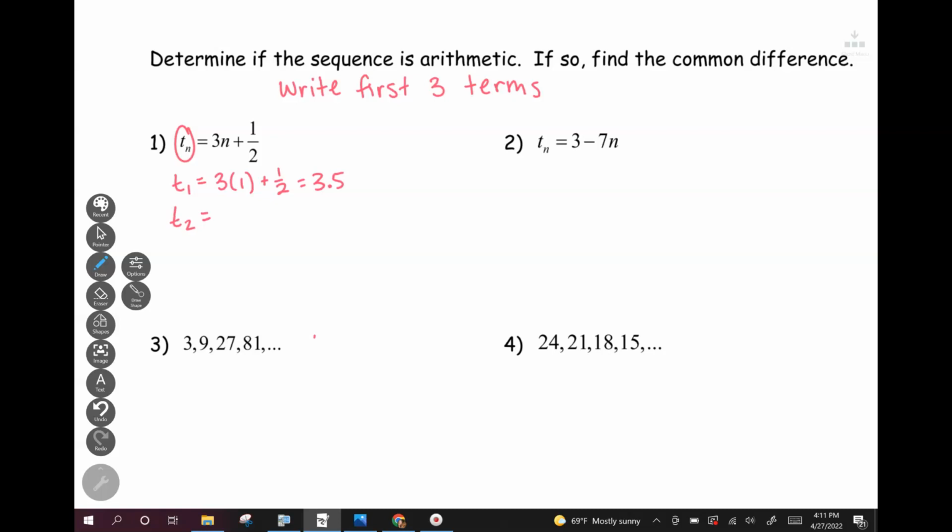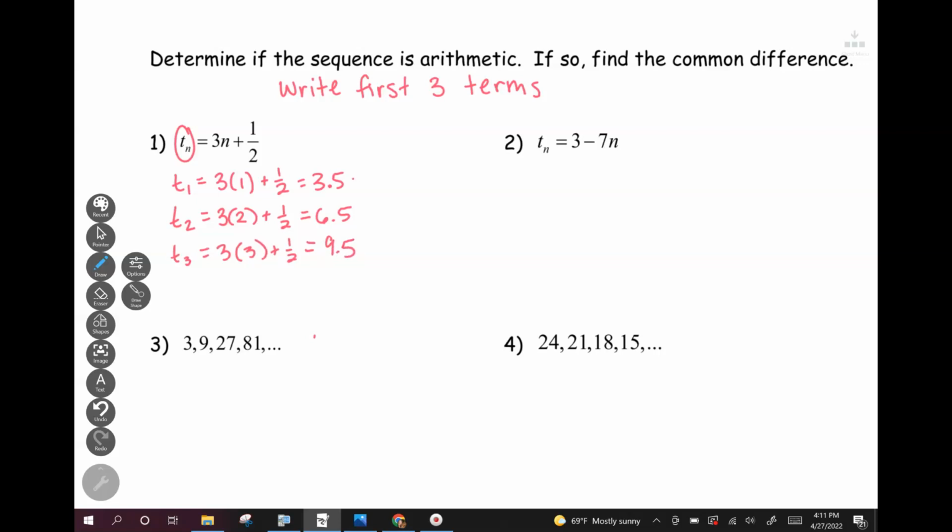Okay, now I'm going to get T2, the second term. So I'm going to plug in 2 for n. Okay, let's get the third term. Nine plus 1/2 is 9.5.